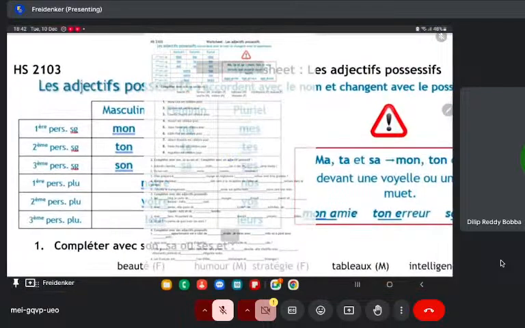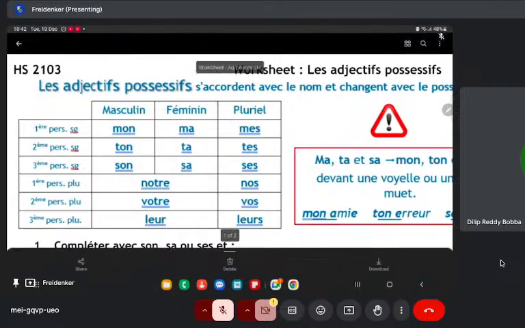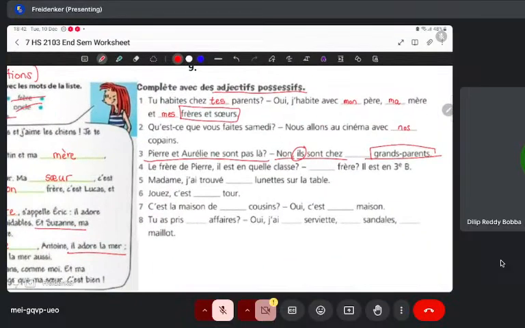ILS is third person. I mean, my table is much better. No, you don't have this confusing notation. But basically, it's je, tu, il/elle. Then you have nous, vous, and ils/elles. So last row is ILS. So their parents, no, their grandparents, no. So since it's in plural, you'll get LEURS. So you'll get here LEURS.